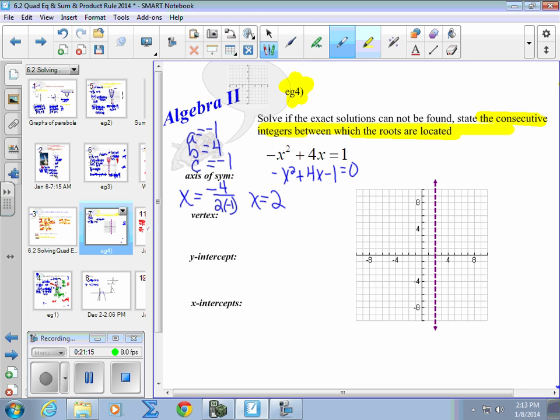The vertex, we're going to take that number 2 and plug it in our function. So we have y is equal to negative 2 squared plus 4 times 2 minus 1. So we get negative 4 plus 8 minus 1. So we get 3.